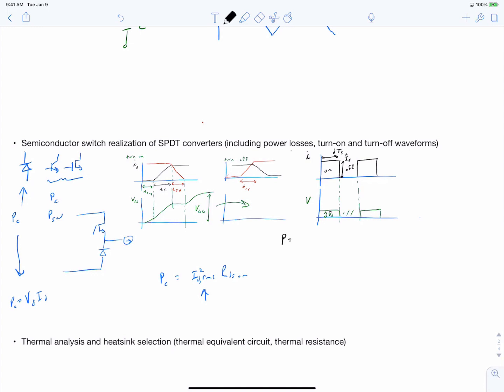And if we look at power, we would say that the average power is 1 over T times the integral of i of t times v of t over the switching interval.